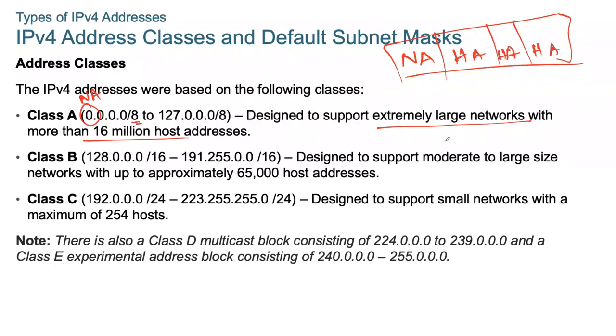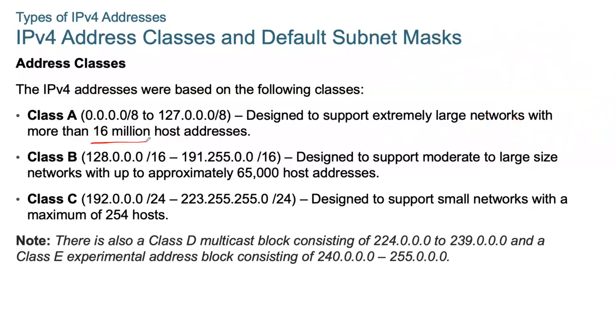So how will you get this? How many hosts it can accommodate means here 255, 255, and 255. If you write this 2 to the power of 255 to the power of 255 to the power of 255, these many hosts can be accommodated in this class A network. So that is almost your 6 millions of host addresses.